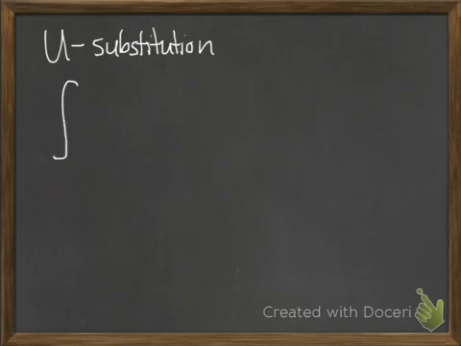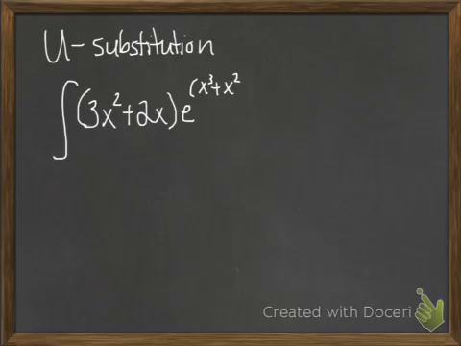Say we've got the antiderivative of 3x squared plus 2x, and that's going to be in parentheses because it's going to be multiplied by e to the x to the third power plus x squared.